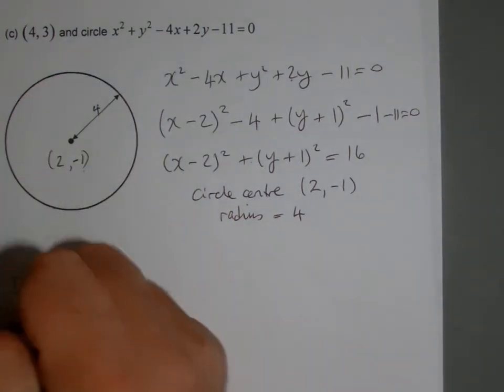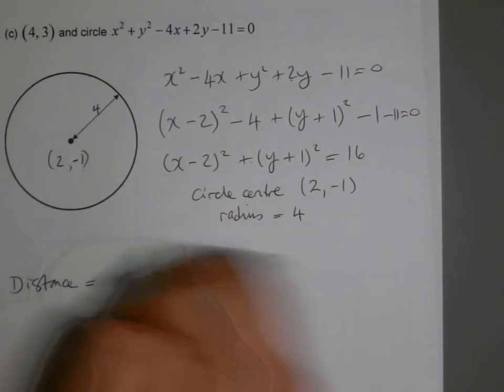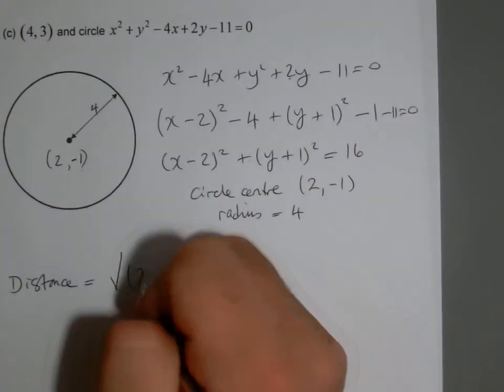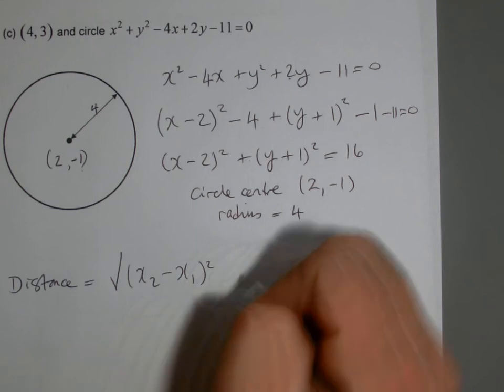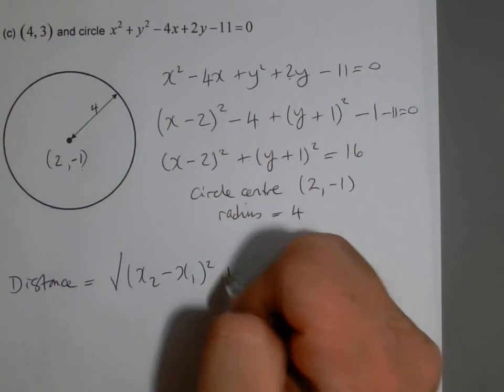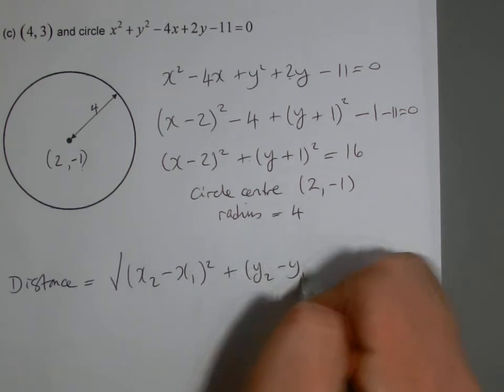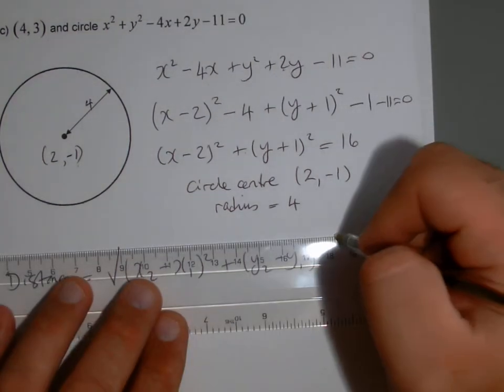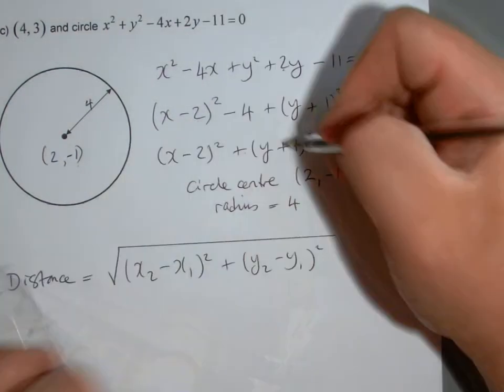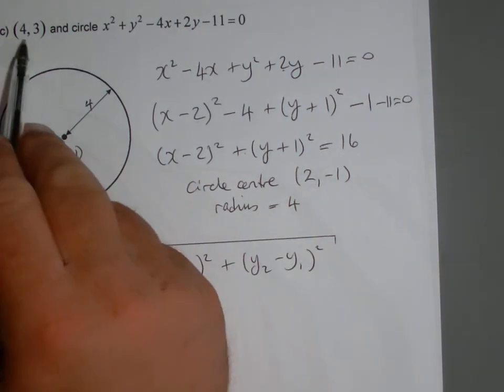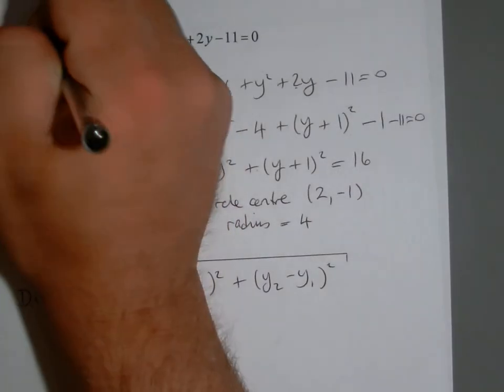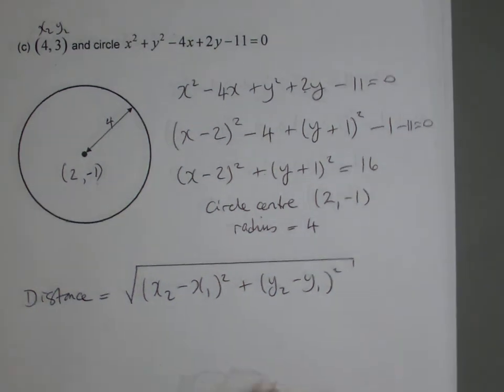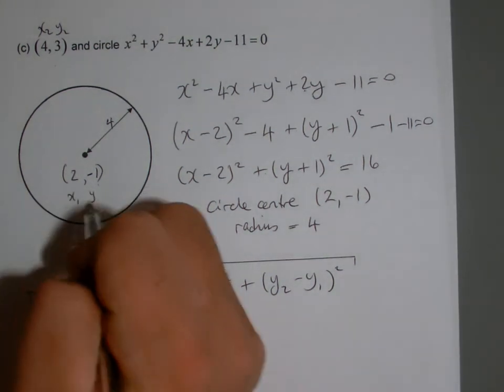So the distance formula then. If I call that my second coordinate, x2, y2, and I call this my first coordinate, x1, y1.